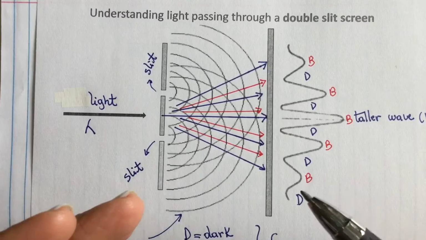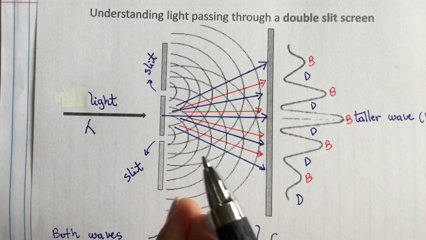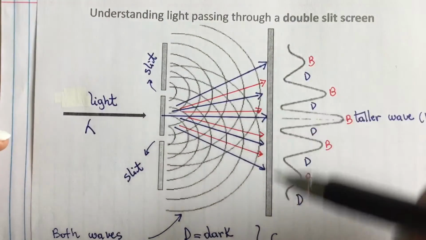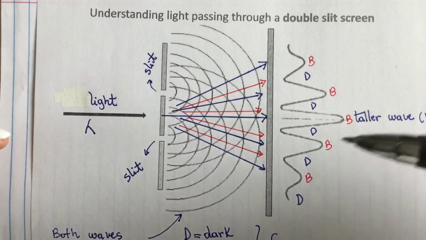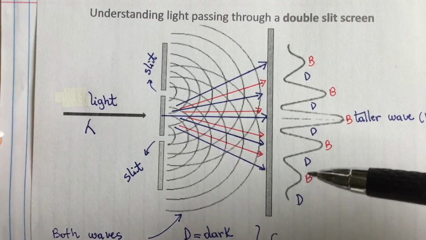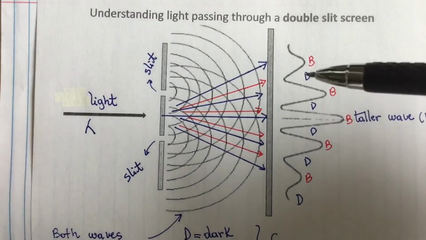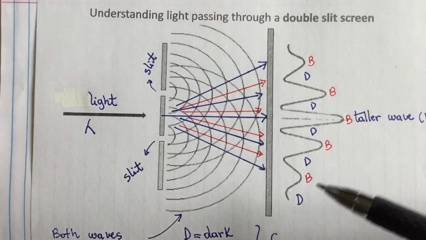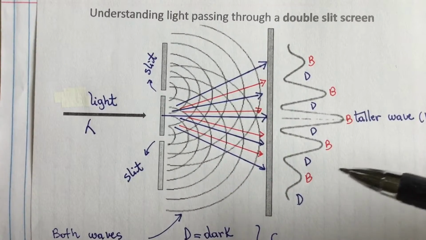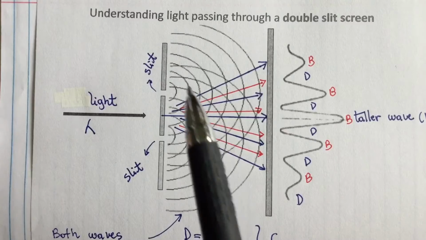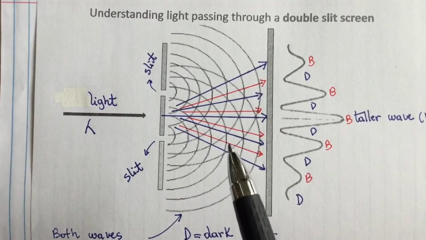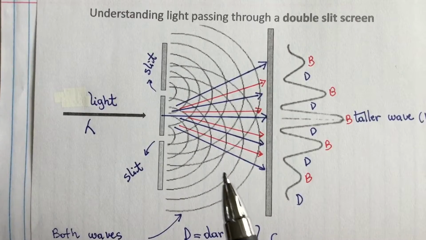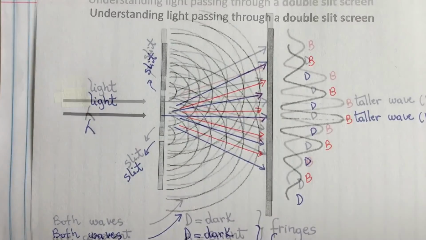As a result of the interference, some bright and dark fringes are going to be observed on this screen here. The bright and dark fringes are the result of the interference between two coherent waves, also known as superposition.